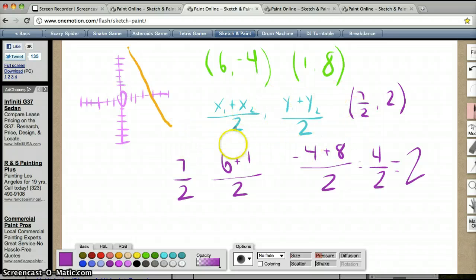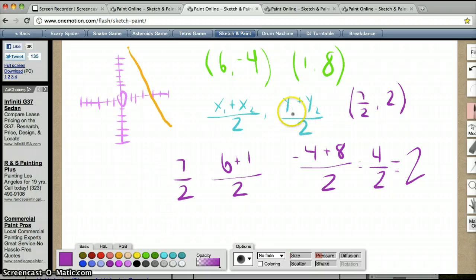So let's set up our midpoint formula: x1 plus x2 over 2, comma, y1 plus y2 over 2. Now, our first coordinate is (6, -4), and our second is (1, 8). So we've got 6 plus 1, our two x's, x1 and x2, so 6 plus 1 over 2, which is 7/2.